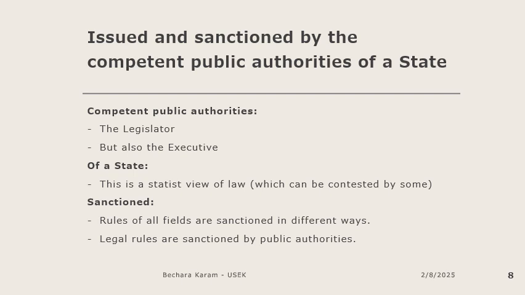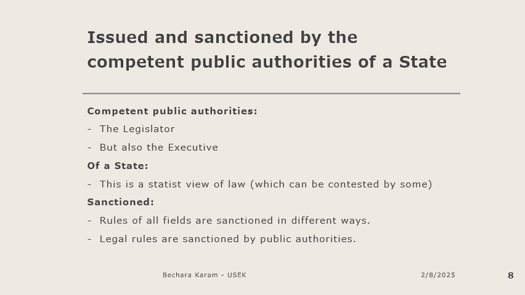The second element we find in the definition of law is that it is sanctioned by competent authorities. Now, the first element we just discussed, being a system of rules, does not allow us to distinguish law from religion or ethics, because all of them are a system of rules.